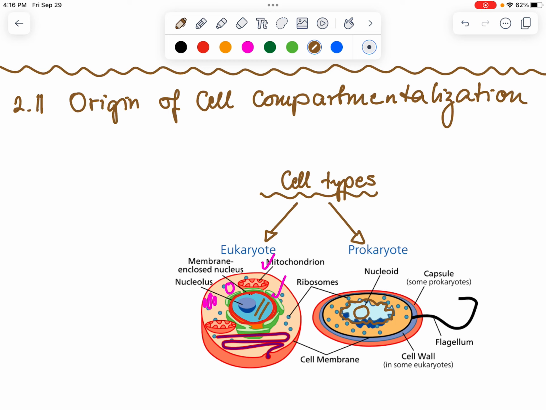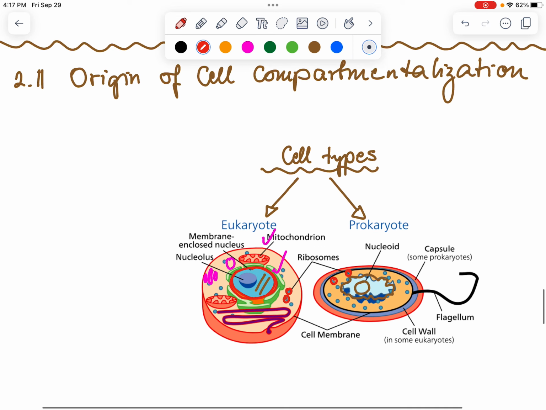I would like to point out both of the cells contain ribosomes. The ribosomes in prokaryotes, though, are a little bit different from the ribosomes in eukaryotes, but they are important sites for translation in the process of protein synthesis.